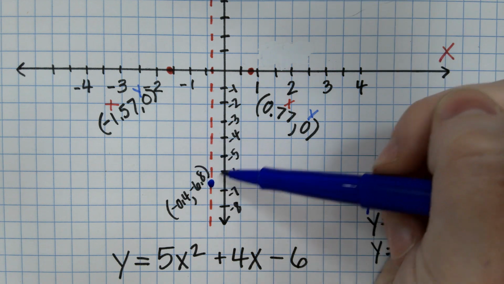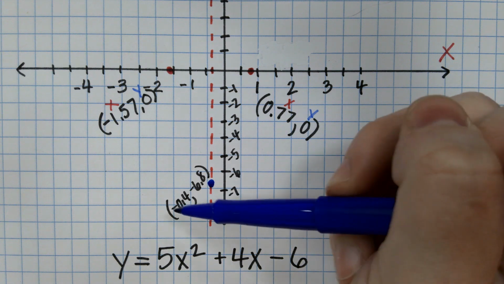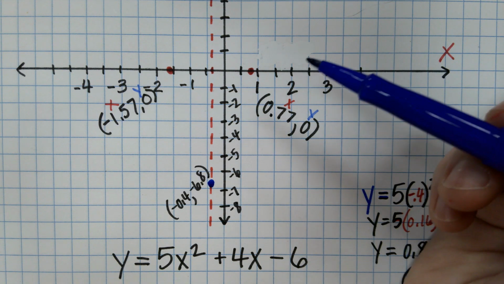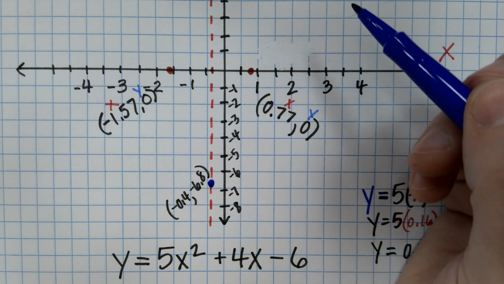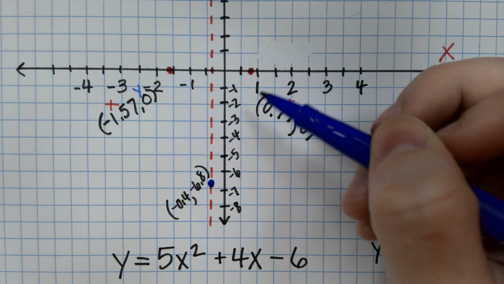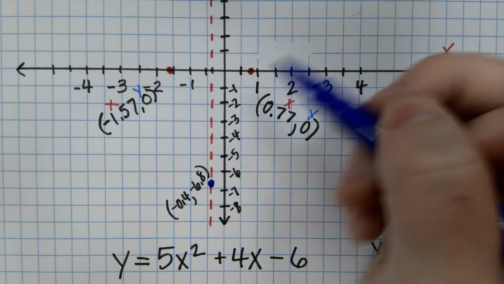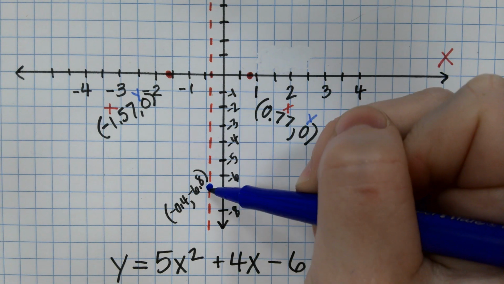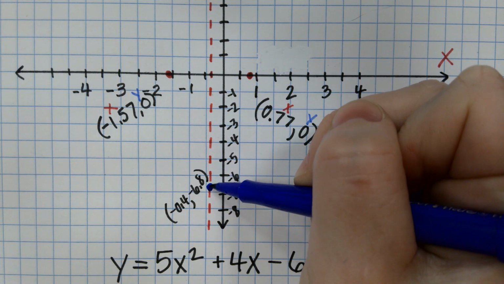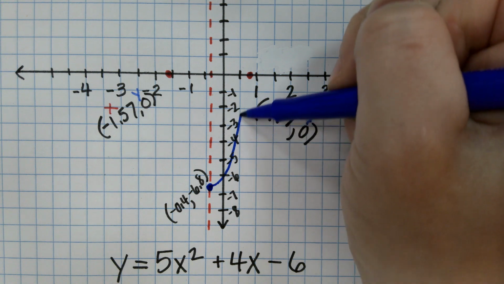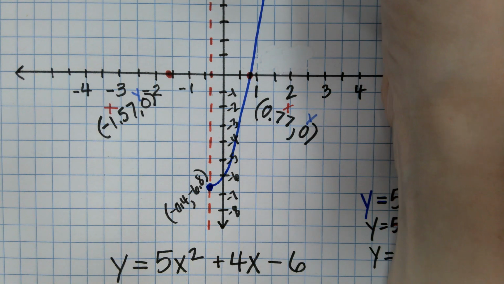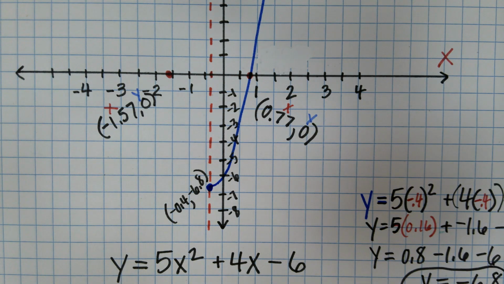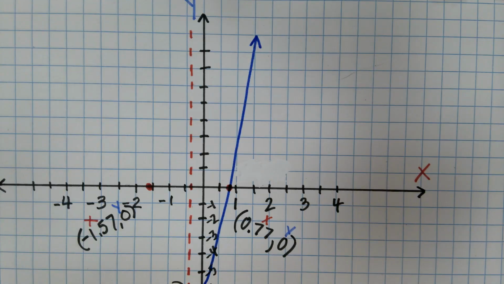We don't have all of the exact points in between each of these kind of anchor points. So to estimate our parabola, I'm going to create this sort of U shape like this. The vertex will be the lowest point, and it curves up, goes through that x-intercept, and there should be an arrow at the top.